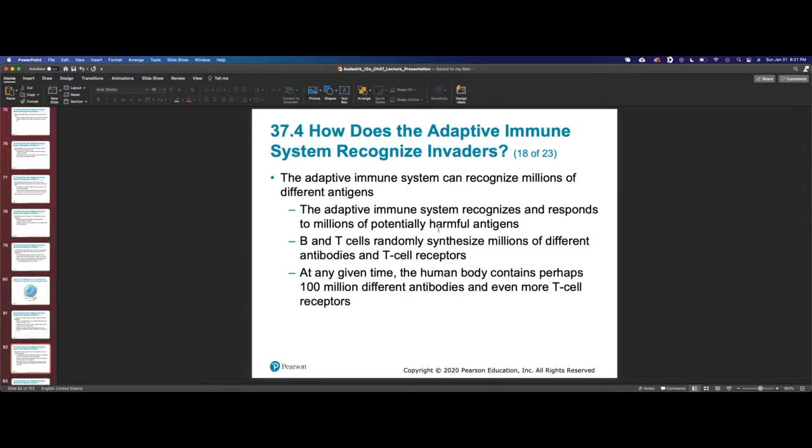And so B and T cells, as I mentioned, they are unique. They basically are randomly synthesized, so you'll have antibodies circulating in your blood, potentially against pathogens or antigens that you haven't actually encountered yet or have encountered in the past.